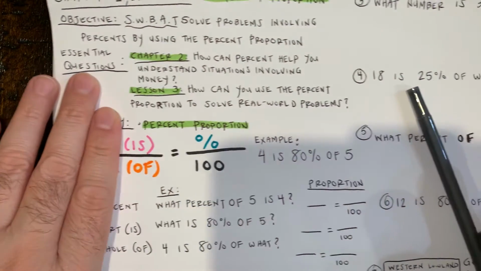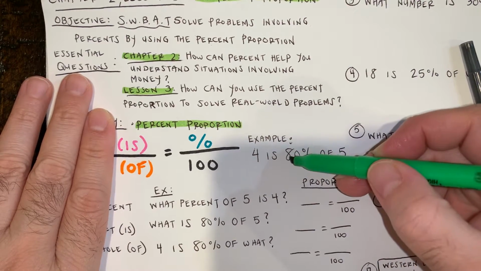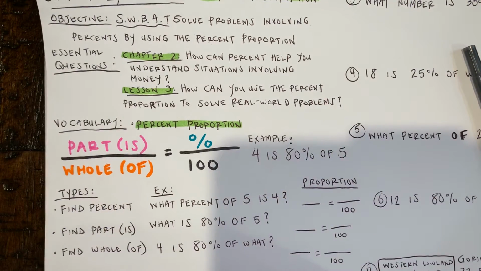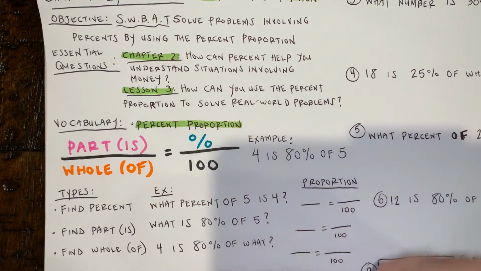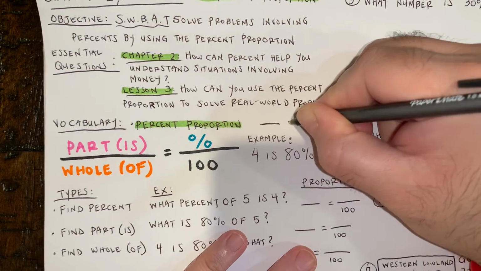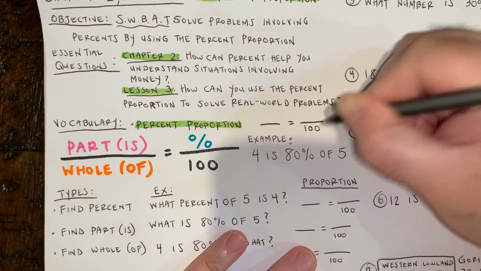So right here we do have a little example. It says 4 is 80% of 5. So when you are setting up a proportion, you're always going to have a fraction equal to a fraction. And 100 always goes in this spot.